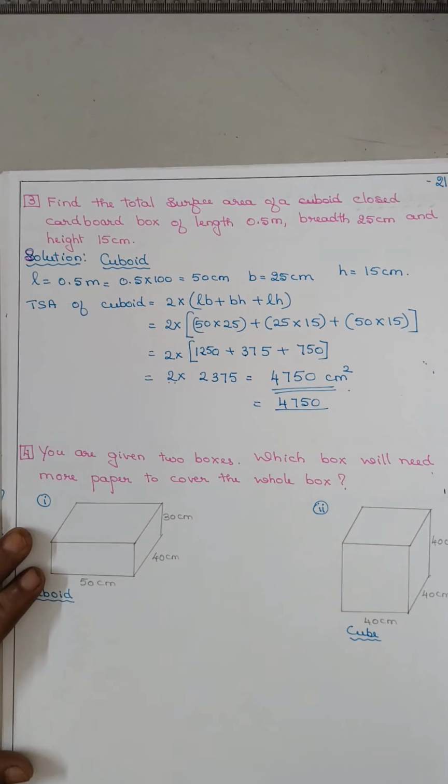So meter to centimeter 2 zeros, but meter square to centimeter square 4 zeros.